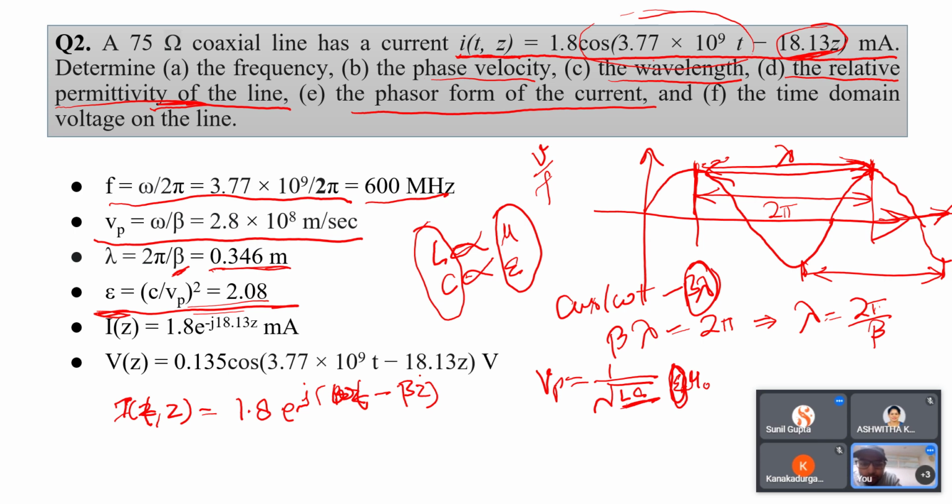If we want to use this signal, we have to take the real part of it. To obtain the phasor form of this current, we have to omit the time dependence term. So this can be written as 1.8 into e raised to the power minus j beta z. Beta you already know, you just have to replace the value of beta here. So this represents the phasor form of the current.